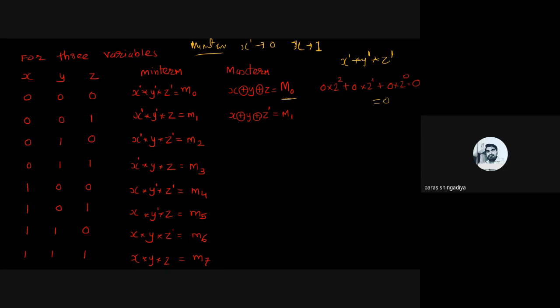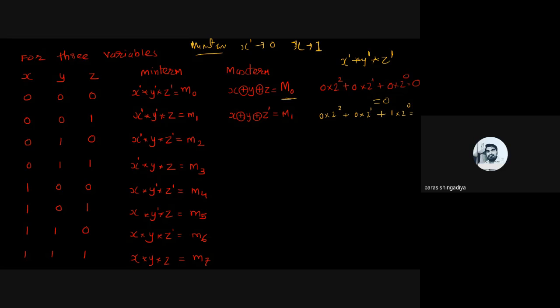Okay, and let us check the min term value. So that can be written as 0 into 2 raised to 2. Okay, then after 0 into 2 raised to 1. Okay, plus 1 into 2 raised to 0. So what is the answer of this one? Okay, total will be 1. So therefore it is equal to small m1.